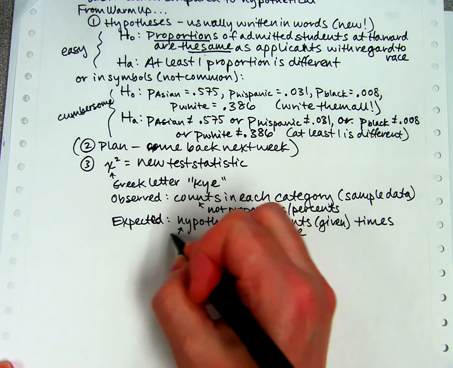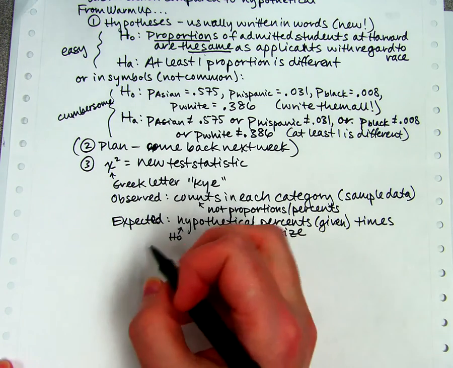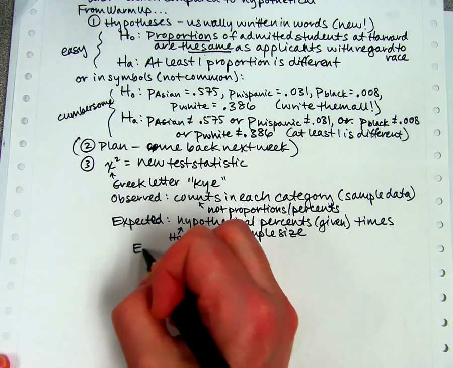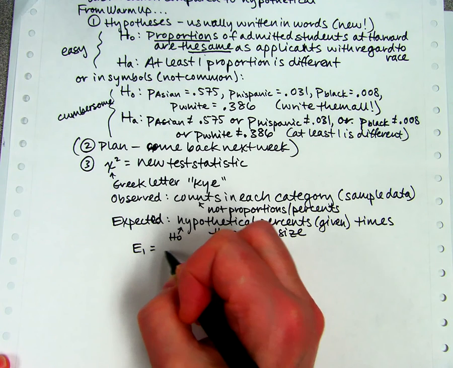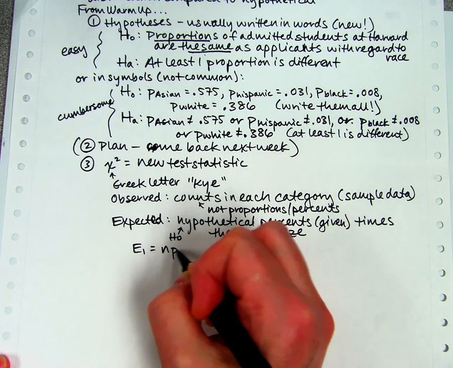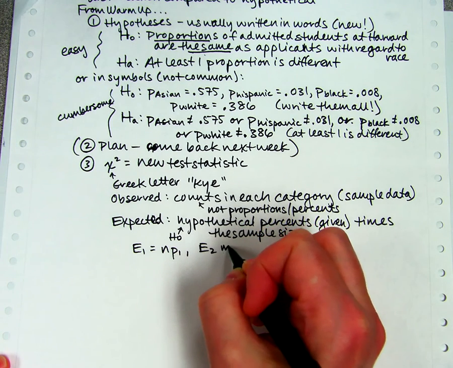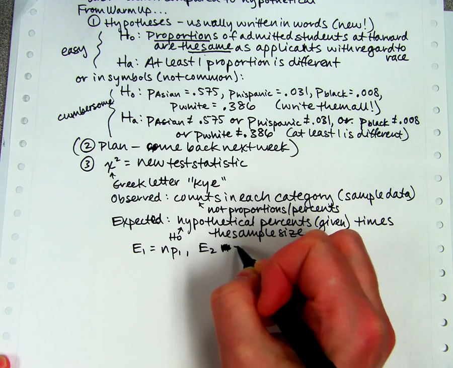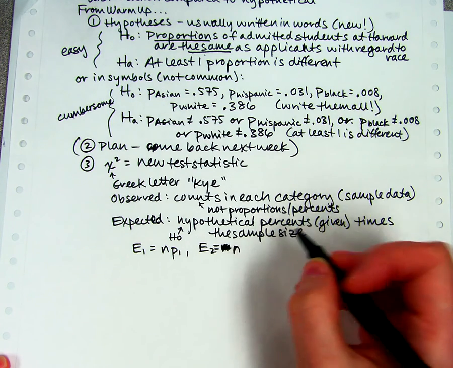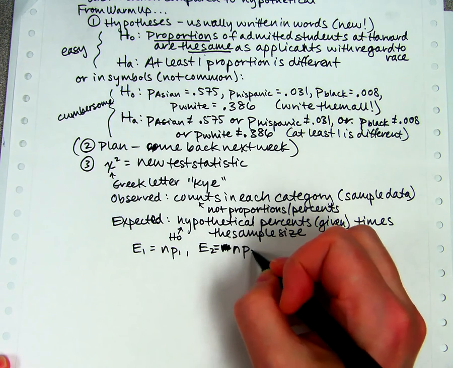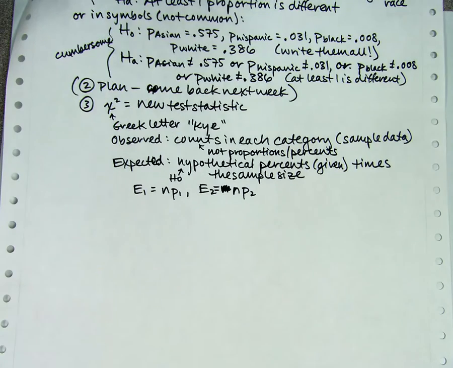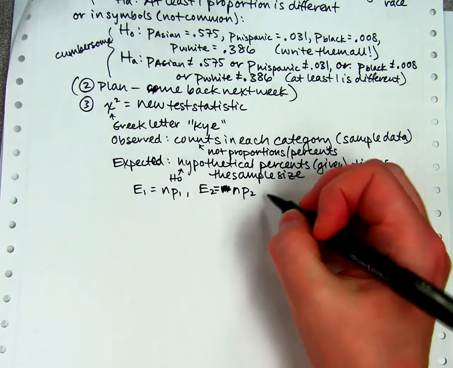So basically your first expected count is your sample size times your first proportion. And then your second expected count is your sample size, that's an n, sorry, sample size, times your second proportion, and you keep doing that for all the proportions.